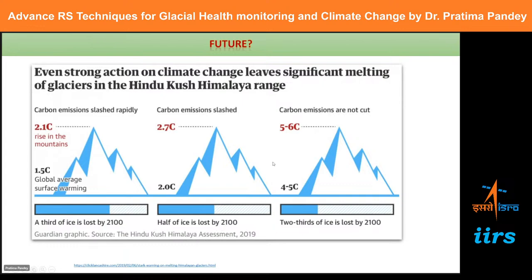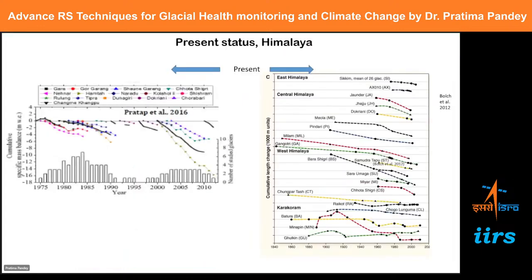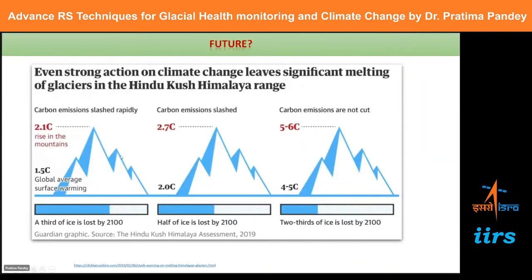If the carbon emissions are not cut, then the temperature rise in Himalaya will be 5 to 6 degrees against the 4 to 5 degrees global average, and we will lose two thirds of the ice by the year 2100. So this is the current situation where the glaciers are retreating, and this is the future, which shows that most of the ice will be lost.